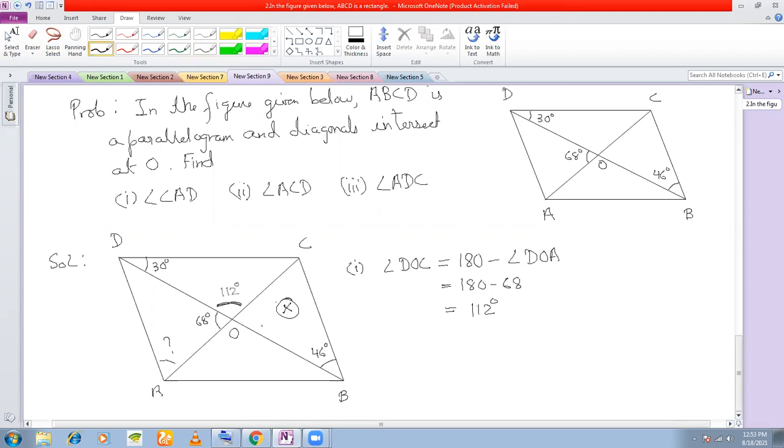Now can you tell me how this angle is related to this 112 degree angle? You know that the exterior angle of a triangle is equal to the sum of two interior opposite angles. You have done this in your class 7. If you see, the 112 degree angle that we have found out is the exterior angle of this triangle. Can you see?